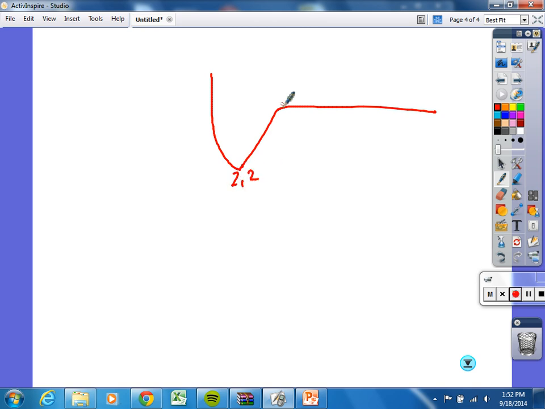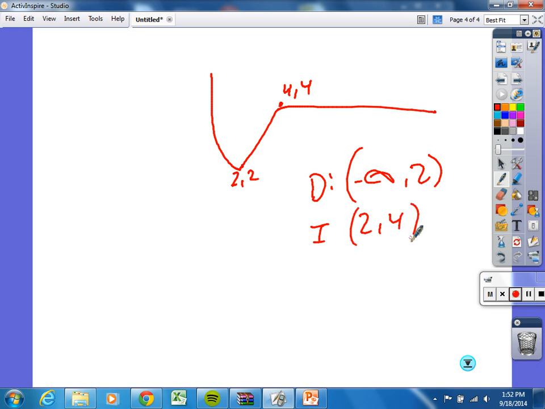This point right here is 4, 4. Just pretending. So I'd be decreasing from negative infinity to 2. I'm increasing between 2 to 4. I am constant from 4 to infinity, but I am including 4. Because at 4, I'm at that value that stays constant the rest of the time.